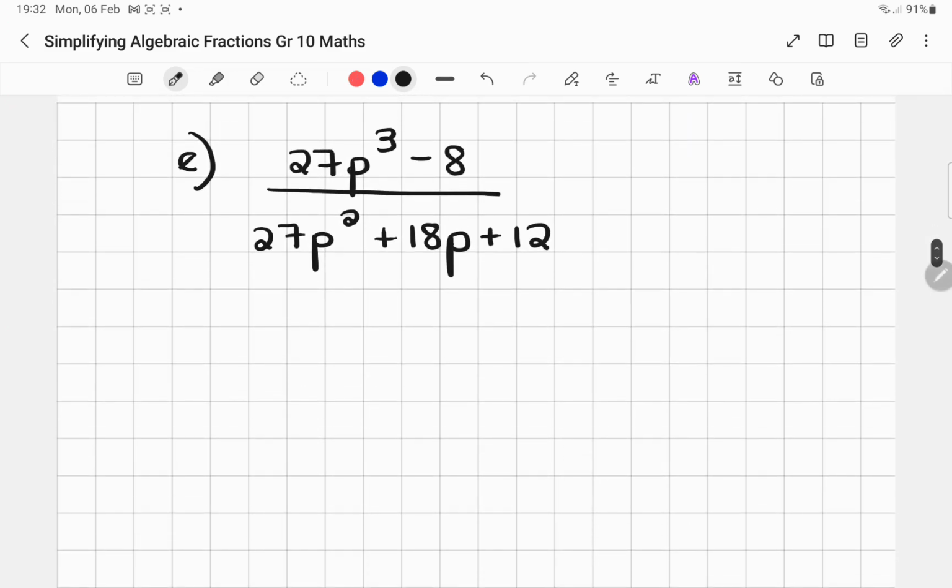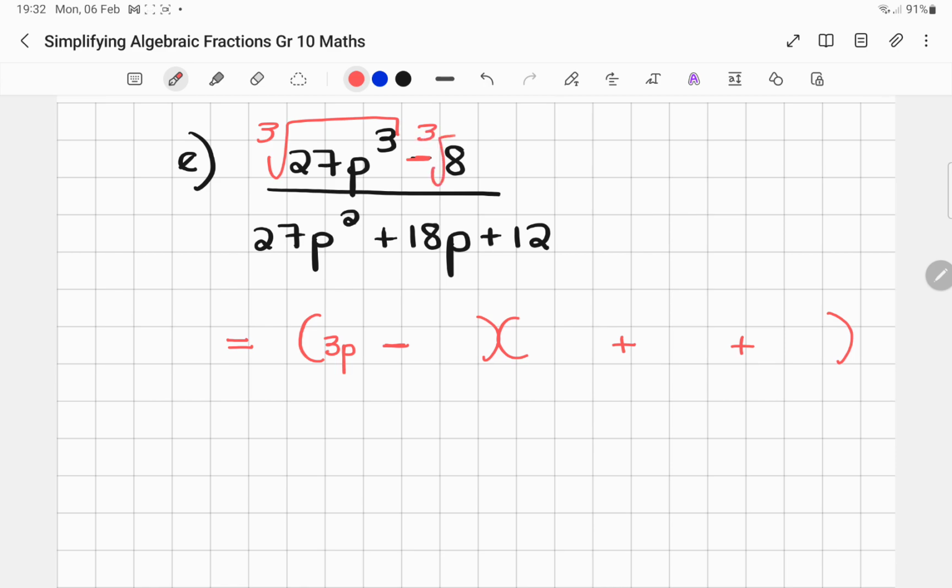Again, sum and difference of two cubes. So it's going to be short bracket, long bracket. The negative sign comes down. Only 2 left is 2 positives. The cube root of 27p to the power 3 will give you 3p.